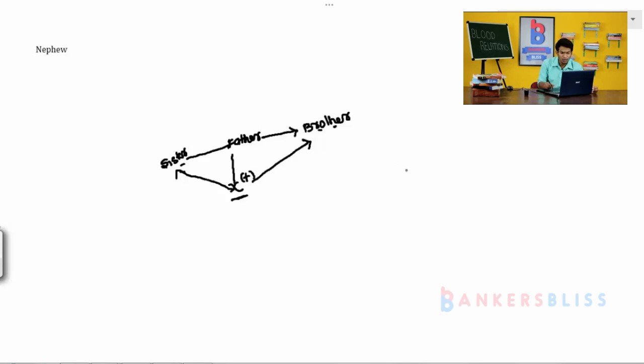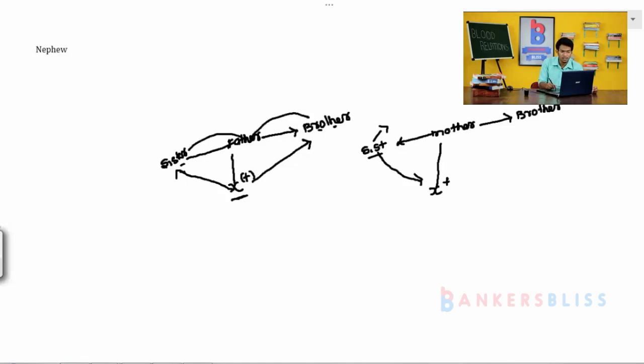Once again, X as you, X again male, and you have the mother, and your mother has a brother and also a sister.